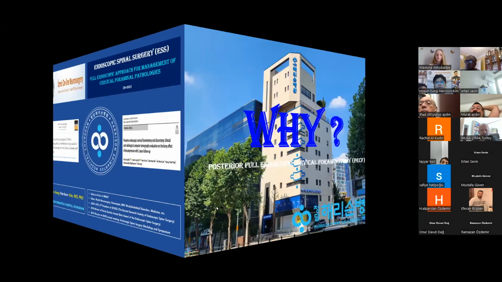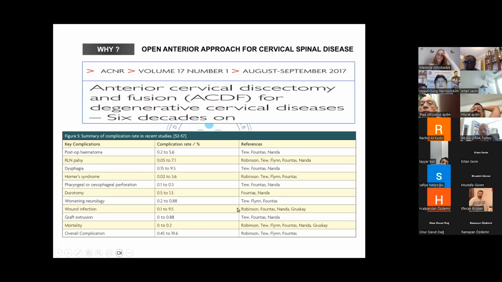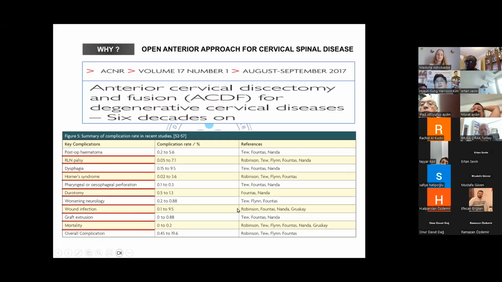Yes, this is my new hospital. We already know that with the increase in people's life expectancy, we meet many degenerative disease patients who come to the clinic and need treatment, and sometimes operation.